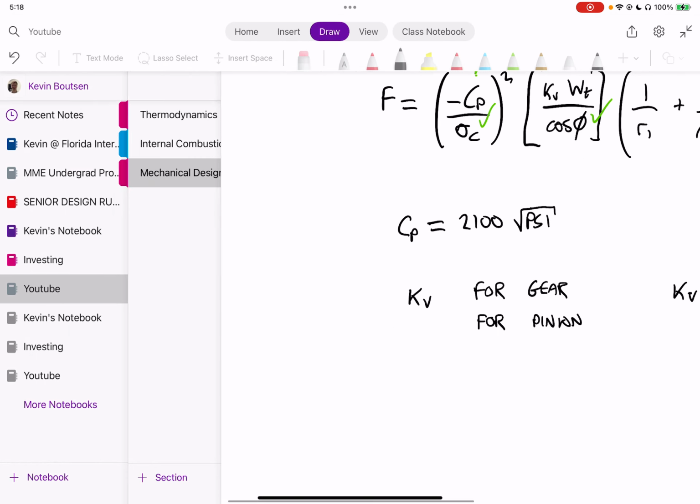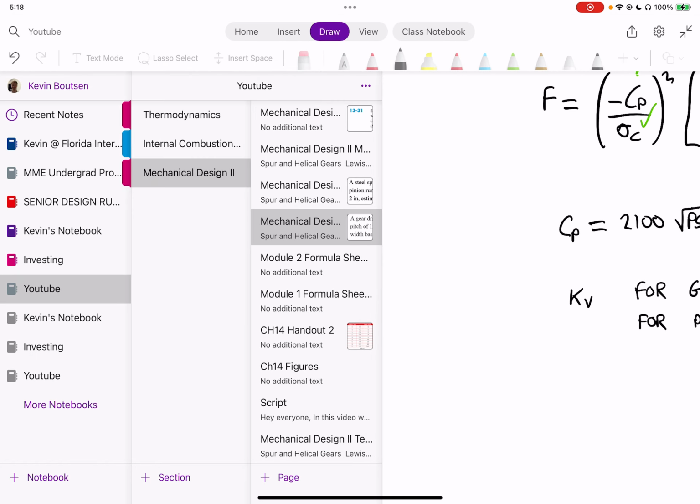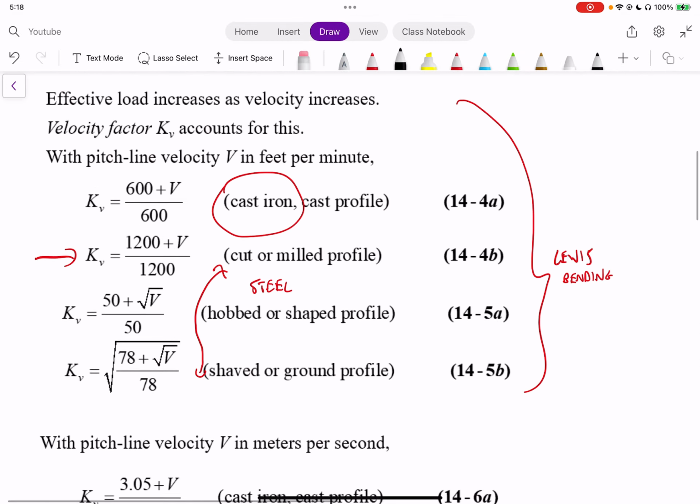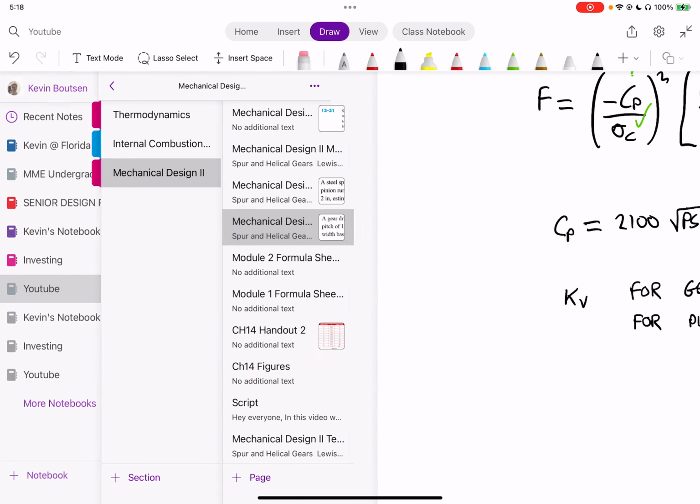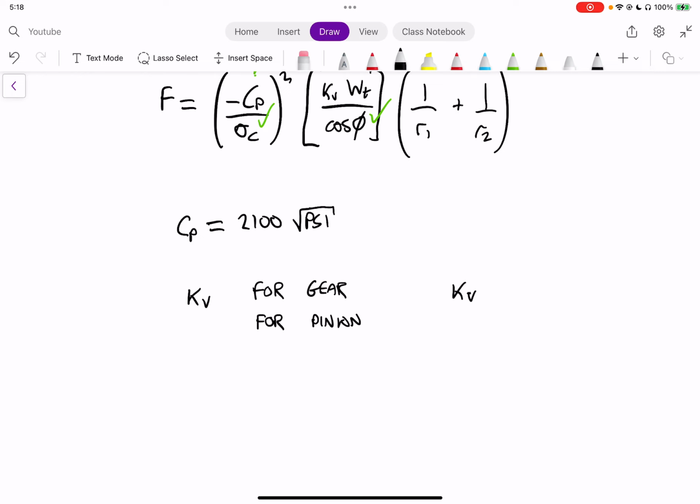So if we go to our Kv choices, we have cast iron or we have steel. Which one should we choose? Well, this is a decision that we have to make. The decision that we're going to make is we're going to go with steel, and I'm going to explain why. We're going to use our pinion.